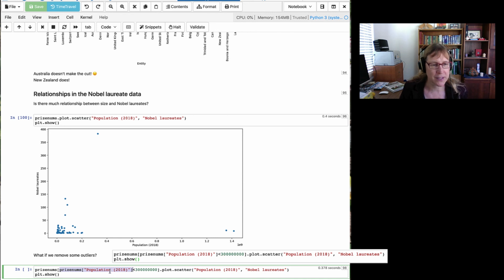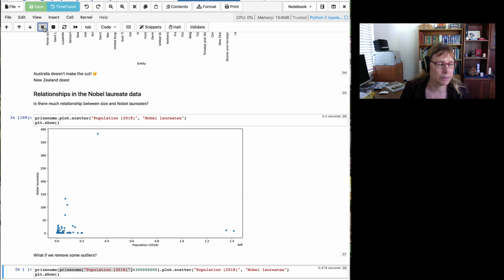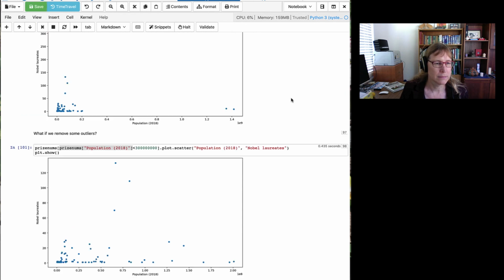We're using that to mask the data out of prize nums, and then we're calling the scatter method on the masked data frame, the remainder of the data frame. So let's just give that a go. Okay, so there we've expanded that bottom corner out, but it's still not particularly clear what sort of relationship there is, if any significant relationship.